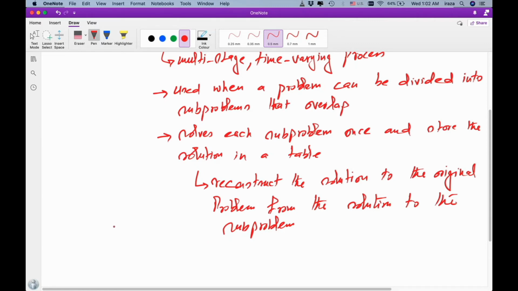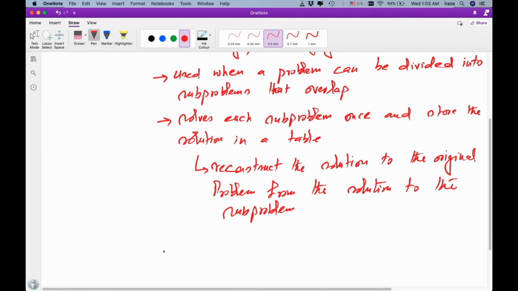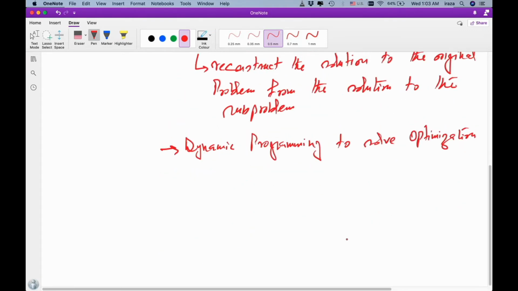Usually, this dynamic programming is used to solve optimization problems, right? So we use dynamic programming to solve optimization problems.